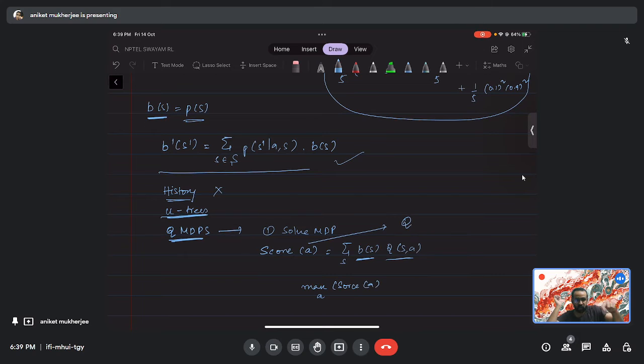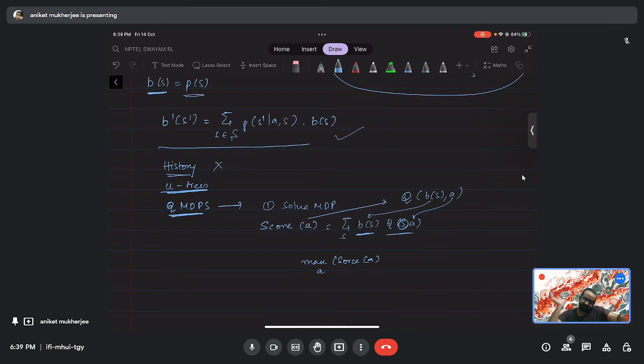Now instead of state comma action, because you don't know what the state is, it is basically belief of the state comma action. That belief of the state goes here. You are doing it over all states, so this S doesn't matter because it's a sum over all states.